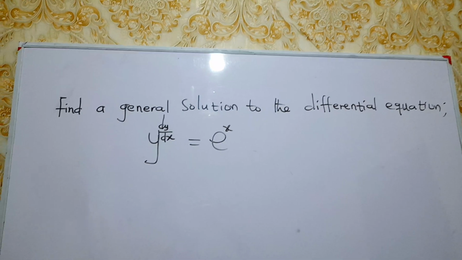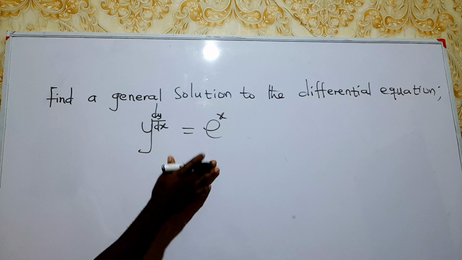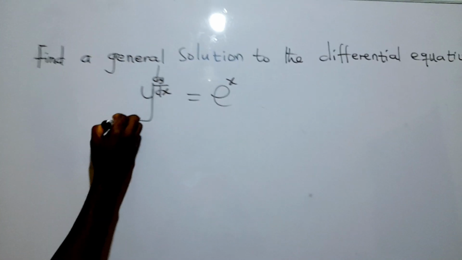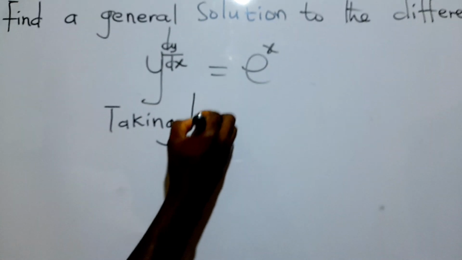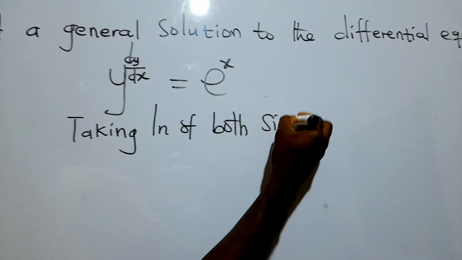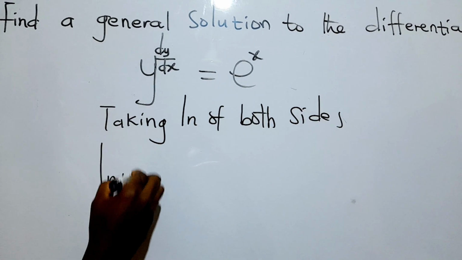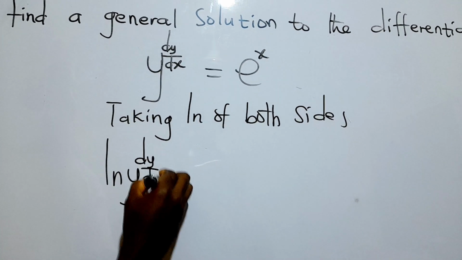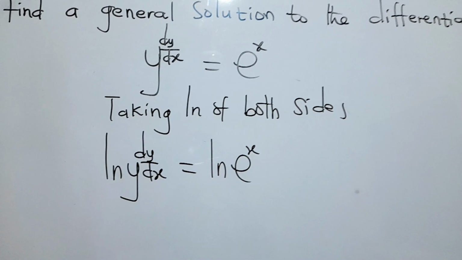So first of all, what we need to do is to take the logarithm of both sides of this equation so that we can drop the exponent. So taking ln of both sides, I'll have ln y^(dy/dx) is equal to ln e^x.